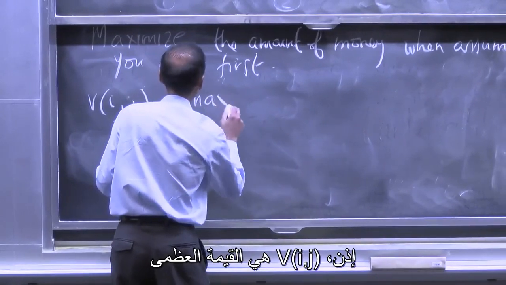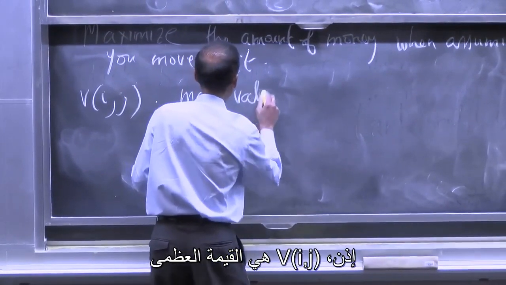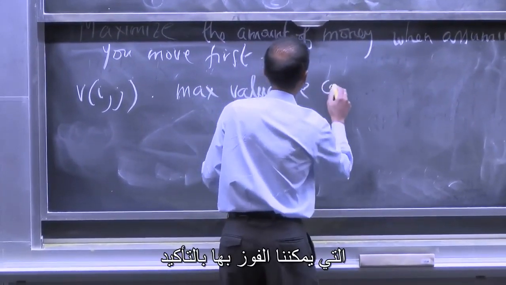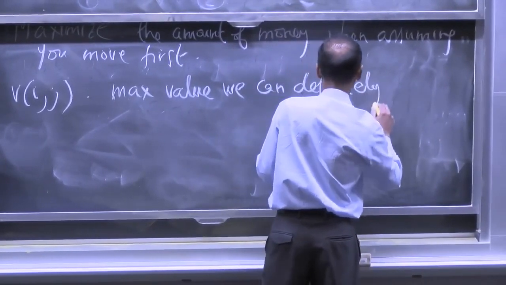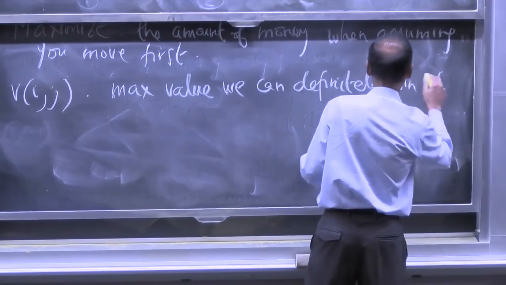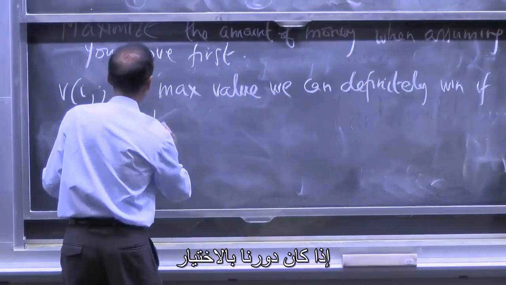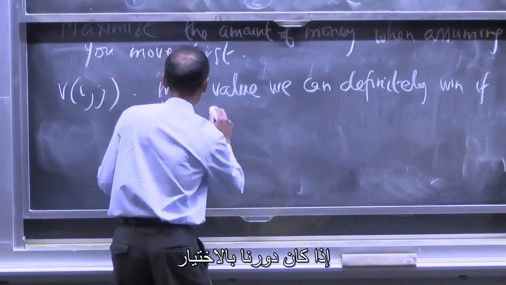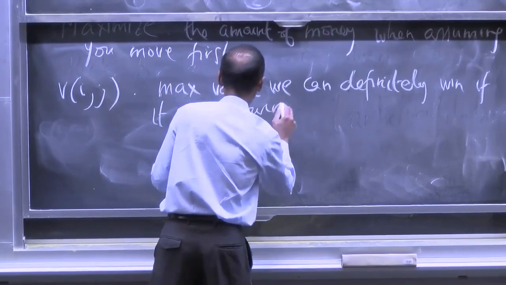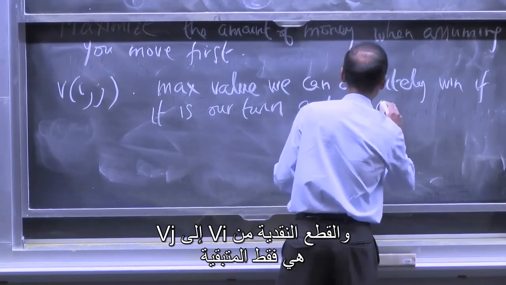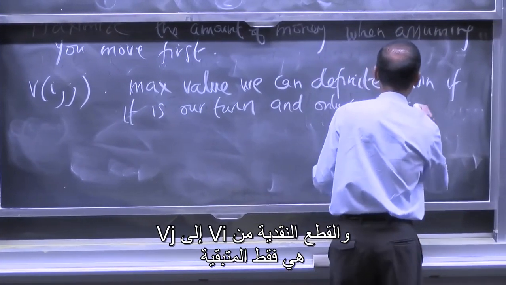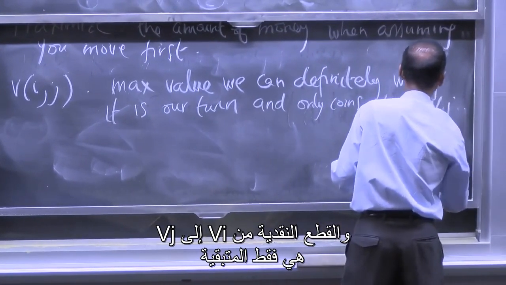So Vij is the max value we can definitely win if it is our turn and only coins Vi through Vj remain.